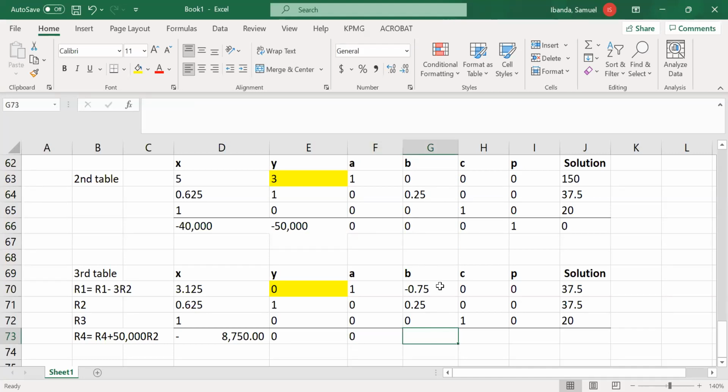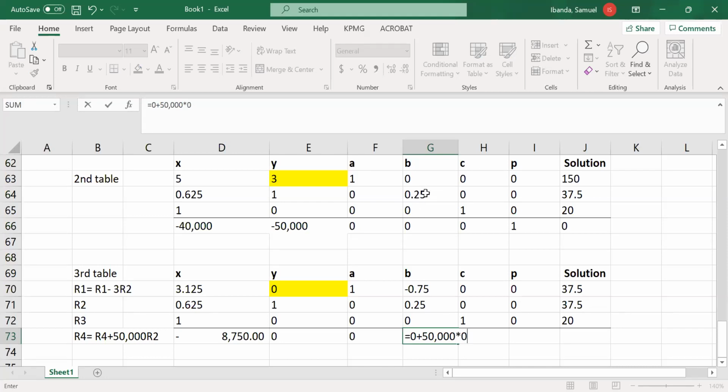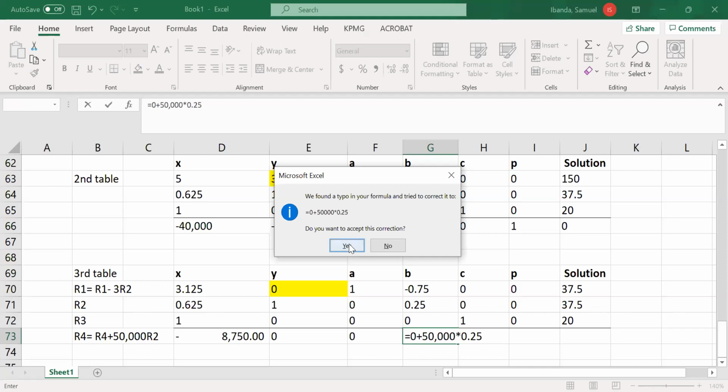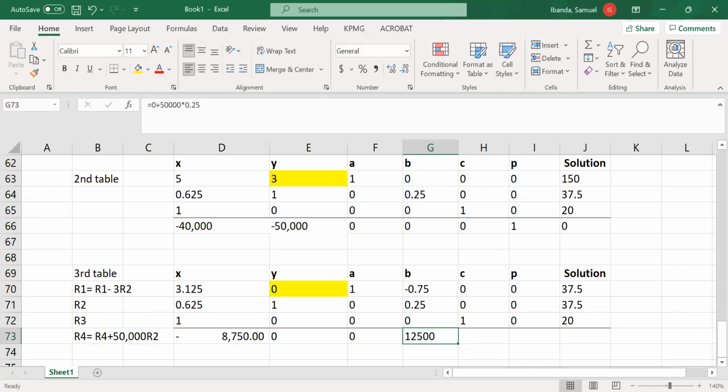Now here it will be 0, which we have at the bottom, plus 50,000 times the 0.25. So it gives us 12,500. That is what it basically gives us. Now this right there.